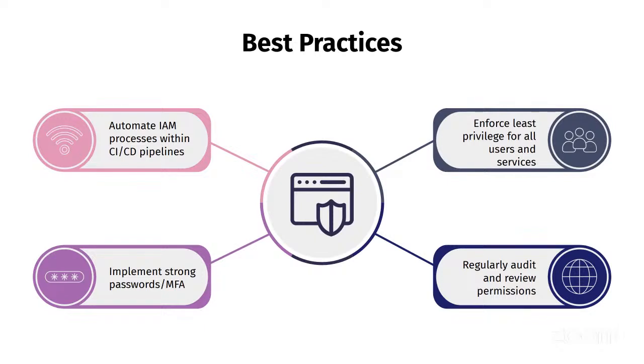So you don't have to be manually creating these IAM roles and IAM policies. If you create them manually, there is room for error. So it's better to automate the IAM processes.